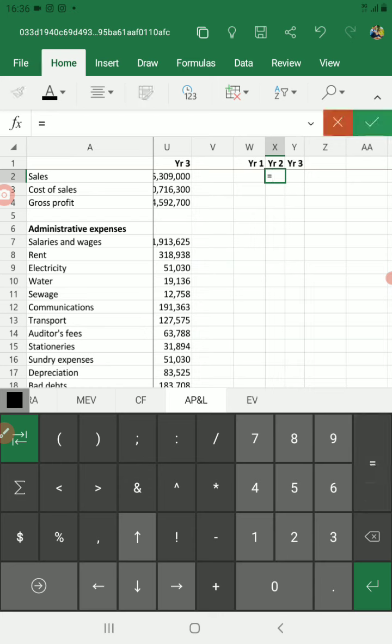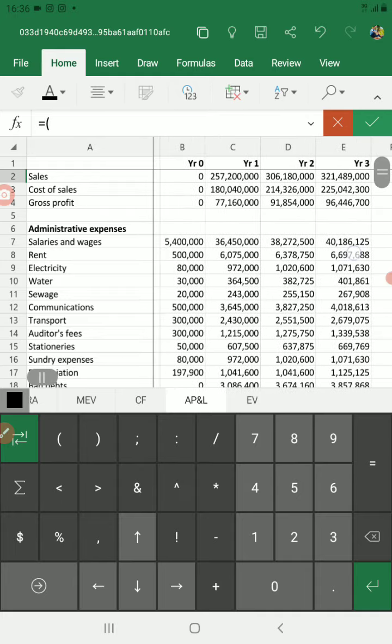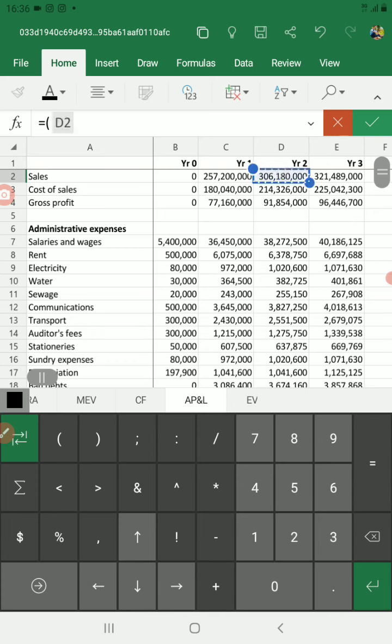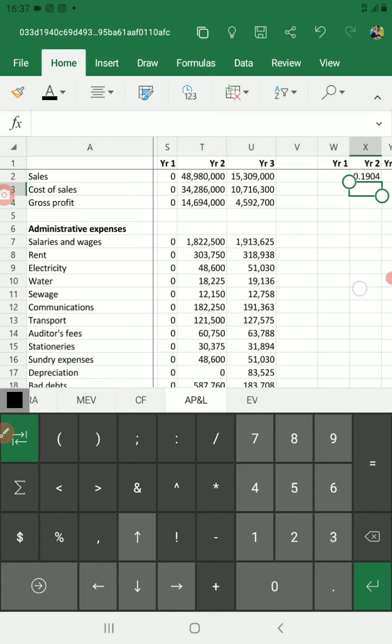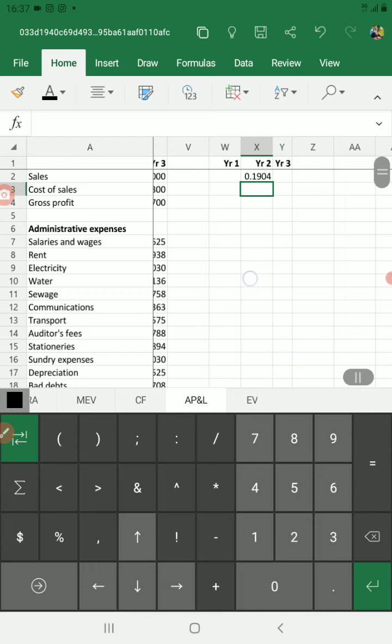So I'll start with equal sign, open the bracket, and go to year 2, year 2 minus the figure for year 1, and then close the bracket, and that difference is divided by the base, which is the previous year, and in this case is this one. C2 is the base. So press enter. So that is one approach you can use.